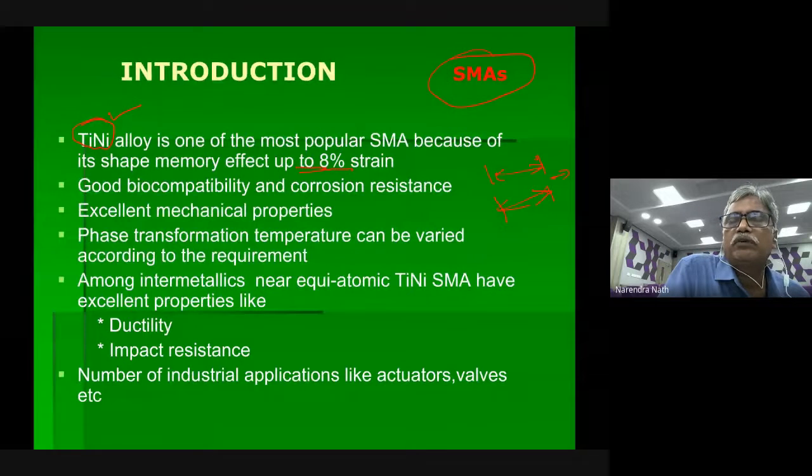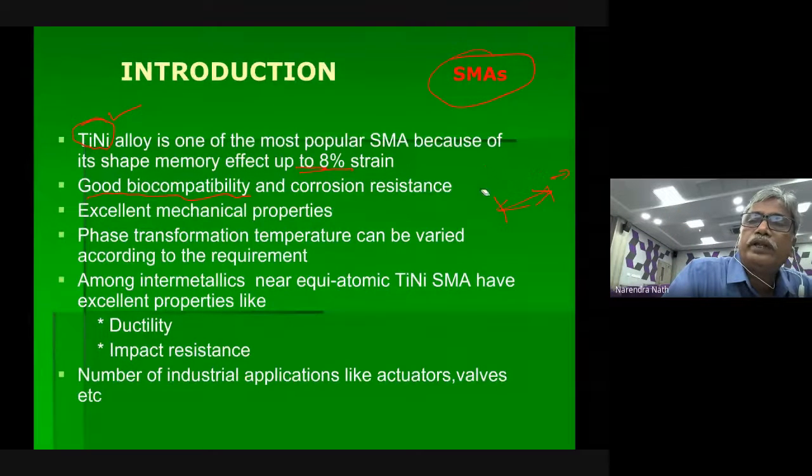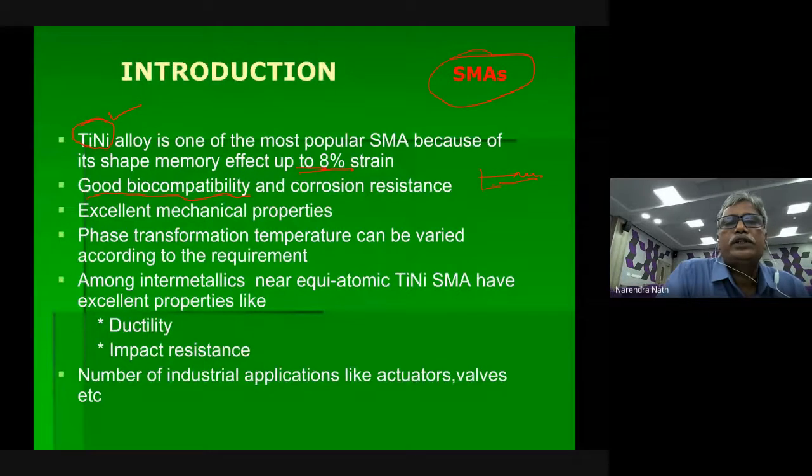That is one of the biggest advantages of shape memory alloys, whether copper based or nickel based. When we are talking of titanium nickel, for those looking at it as a biomaterial, one advantage is that it has very good biocompatibility. That means when you are replacing any hard tissue in your human body, for example any kind of screw you want to put in as hard tissue, placed inside the body it has very good compatibility.